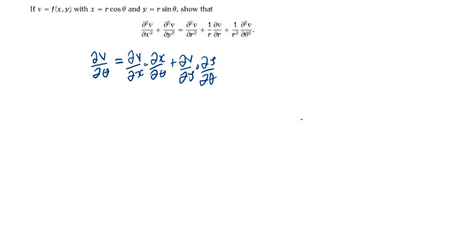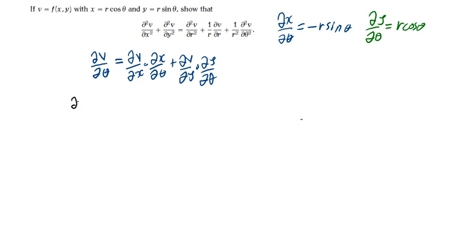Now partial of x with respect to theta, if you differentiate this one with respect to theta, is just going to be minus r sine theta. Partial of y with respect to theta is just going to be r cos theta. Now it's just a matter of substituting here.